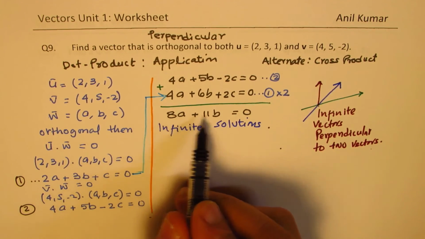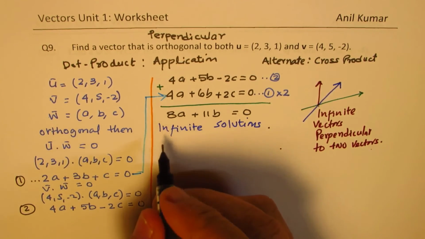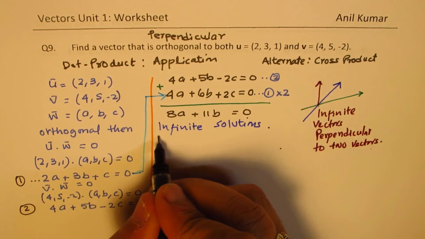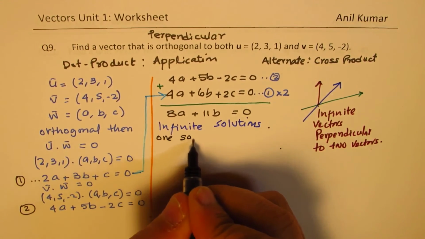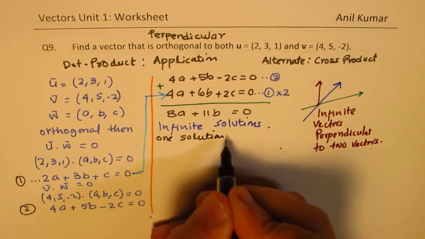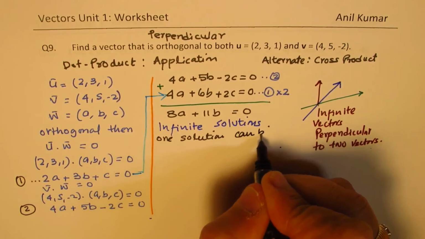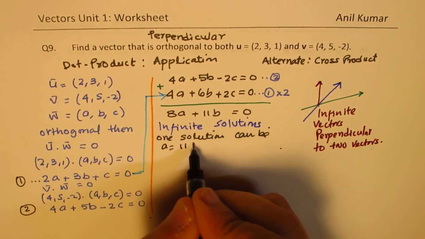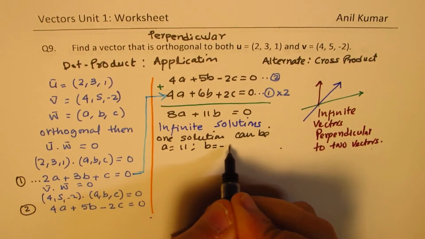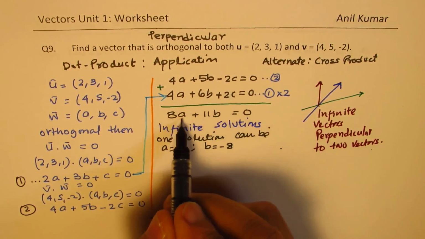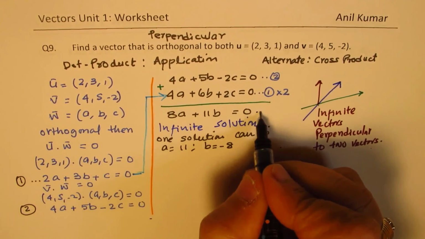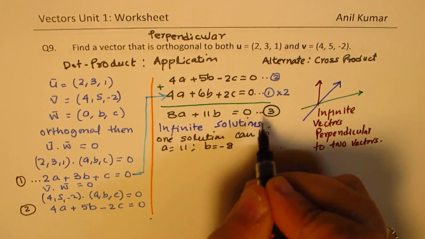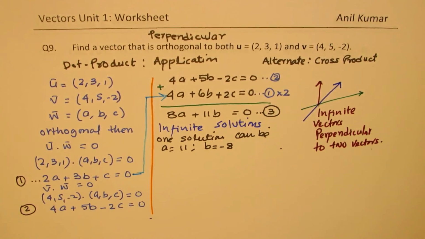We can substitute some values of a and b, right? So what we can do is, one solution could be we can take a as 11 and then b as minus 8. So then this equation is satisfied, right? Let's call this our equation number 3, and equation 3 will be satisfied.